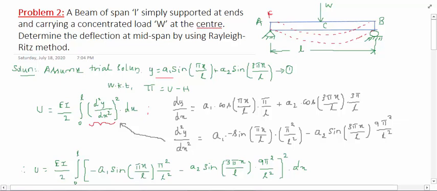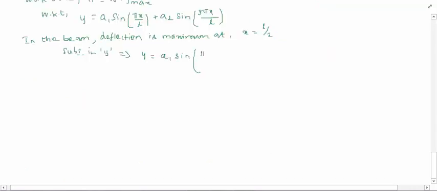So you will get the maximum deflection at L by 2 distance, because our load is acting at the center. So this is not x by 2, it is L by 2. At the middle of the beam we will get the maximum deflection, right? So at x equal to L by 2, we will get the maximum deflection.